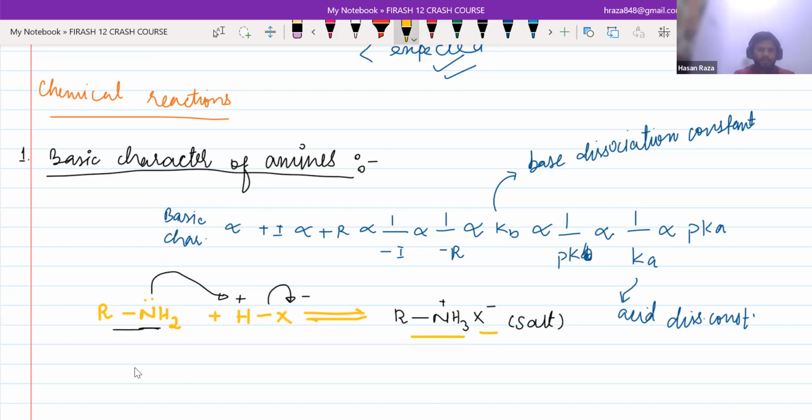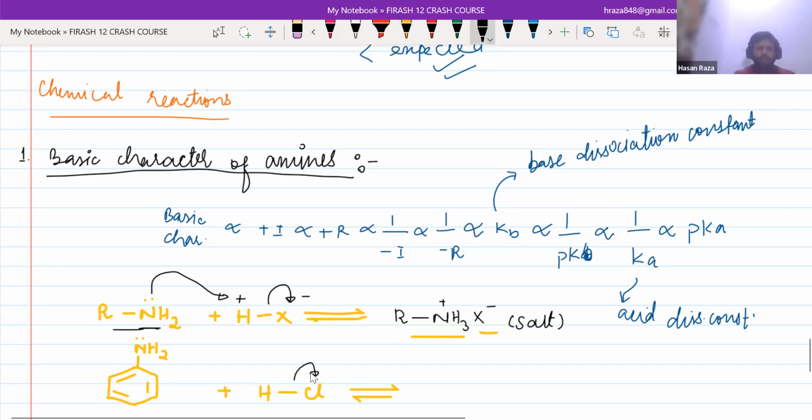Now the next reaction we are going to take an aromatic amine, that is your aniline. This is your aniline, NH2. If you are going to react this with HCl, again the same thing will happen. Same process. This will be negative, this positive, and this is a lone pair, so it will attack here. So what will be the product?